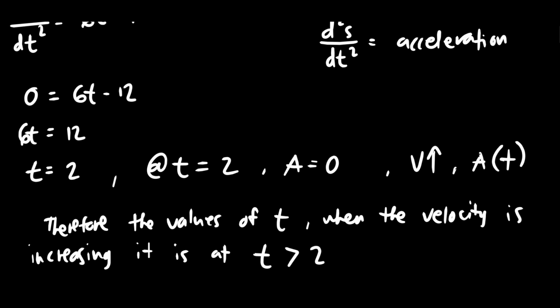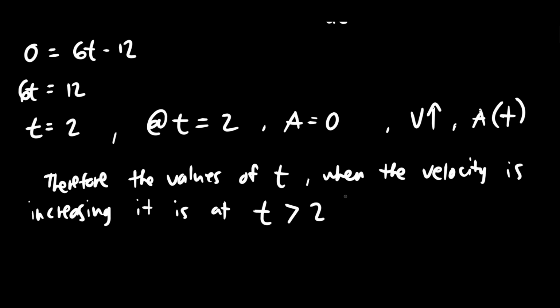Why t greater than 2? Because at t equals 2 our acceleration is 0. So for all values of t greater than 2, the acceleration is positive. So this will now be our final answer: t is greater than 2.